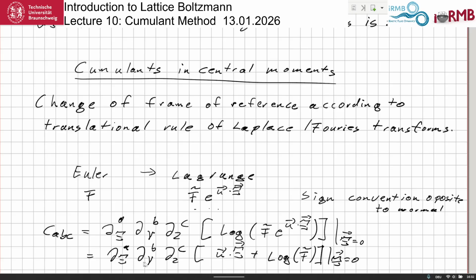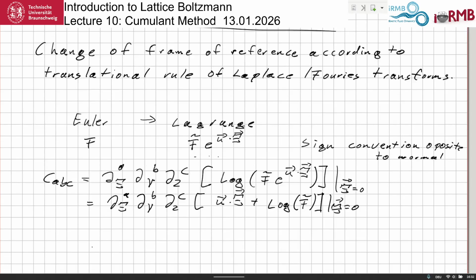So only the first cumulants depend on the frame of reference. All the other cumulants are independent of the frame of reference, which is a good thing. So all cumulants but order 1 are frame independent.